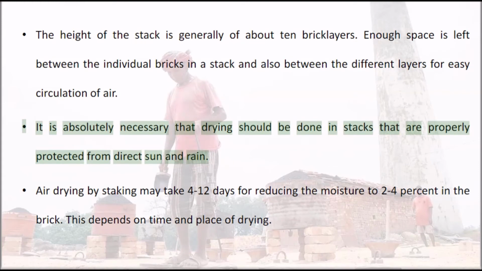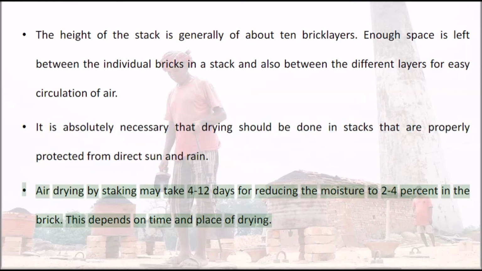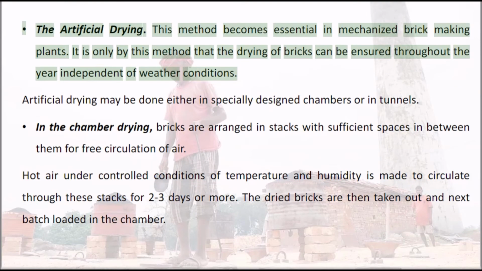The artificial drying method becomes essential in mechanized brick-making plants. It is only by this method that the drying of bricks can be ensured throughout the year independent of weather conditions. Artificial drying may be done either in specially designed chambers or in tunnels.